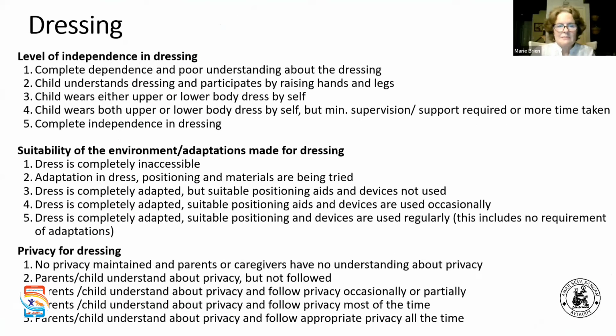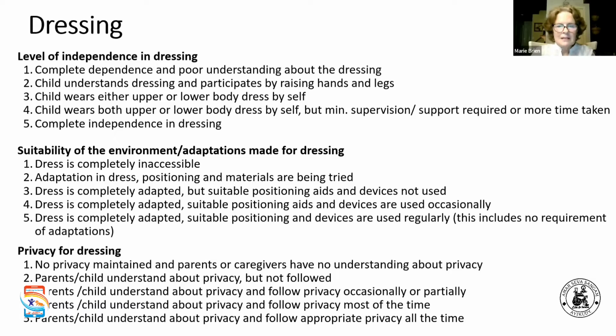We look at dressing, upper body, lower body, and how can we facilitate the independence in dressing. And it could be adaptation of the clothing. It can be the positioning aids, how the child is dressing themselves. It could be the devices if they need some sitting support, and so on.